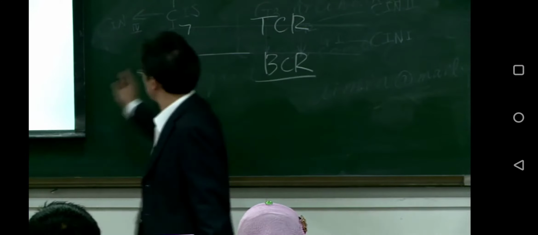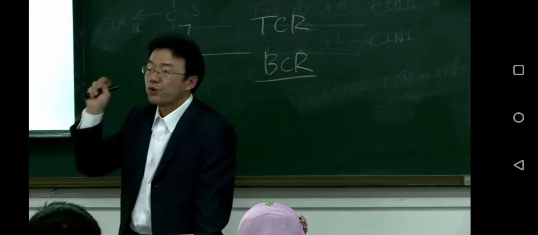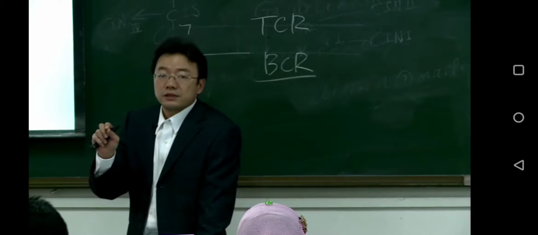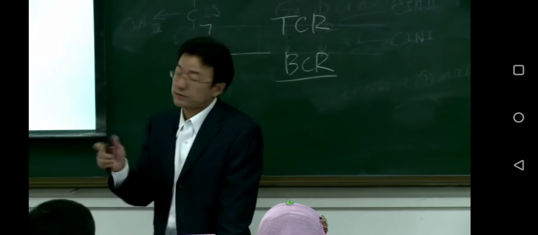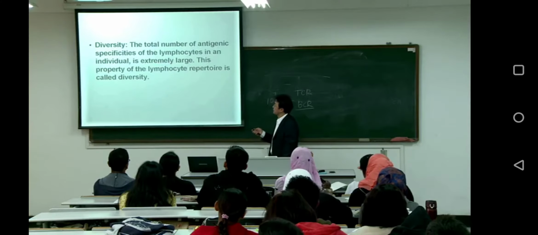In this case, this kind of T cell receptor and B cell receptor could recognize various antigens. So this property we call diversity. The total number of the antigenic specificities of the lymphocytes in an individual is extremely large. So this property of the lymphocyte repertoire is called diversity.